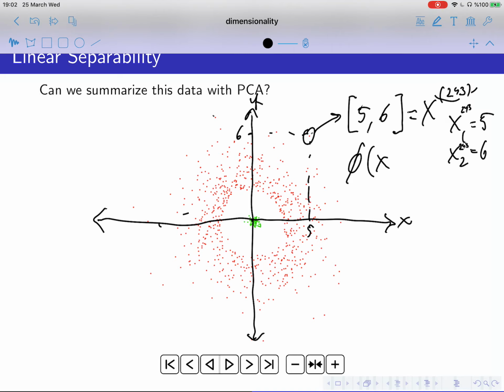Okay, so phi of x we can define as, for example, a new vector such that it has x1, x2, the original two dimensions, but it also has a third dimension, a fabricated, computed dimension, such that it's x1 squared plus x2 squared.